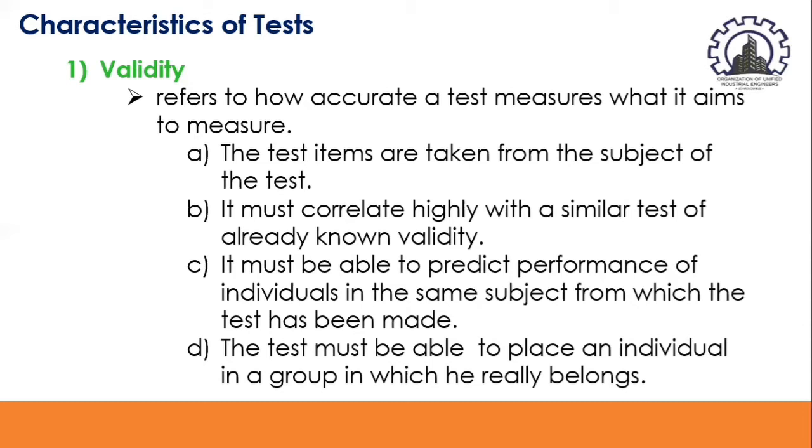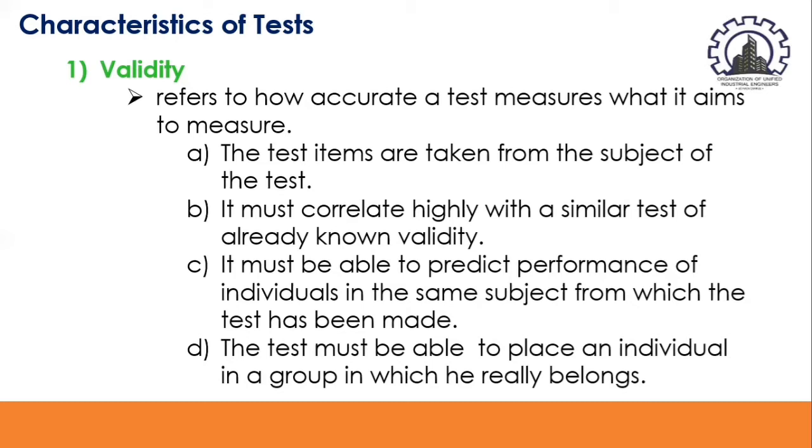So some criteria to determine the validity of a test are: first, the test items are taken from the subject of the test. Meaning to say, if the test is about geometry, then the items must be taken from geometry. And second, it must correlate highly with a similar test of already known validity.